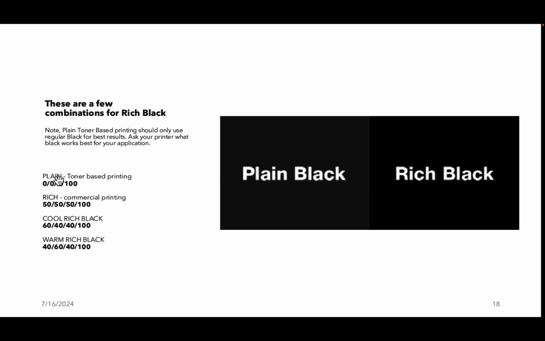So if you're just going to a plain toner, you're just black and white, it's just 100% black. Don't worry about creating a rich black. Commercial printing, that's where we want to start to look at a 50-50. This is a deeper black. A cool rich black is a 60-40-40, and a warm black is a 40-60-40.